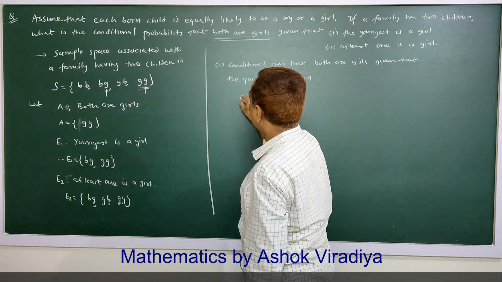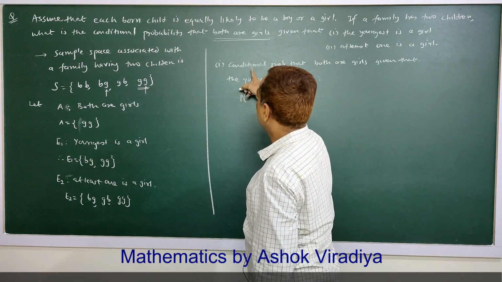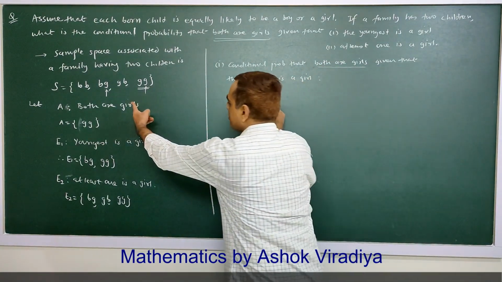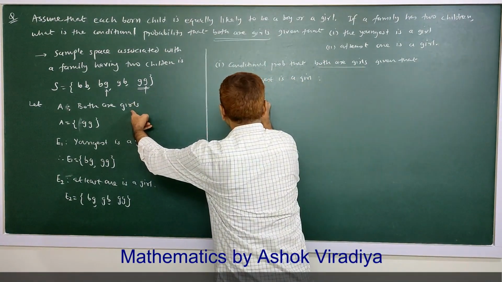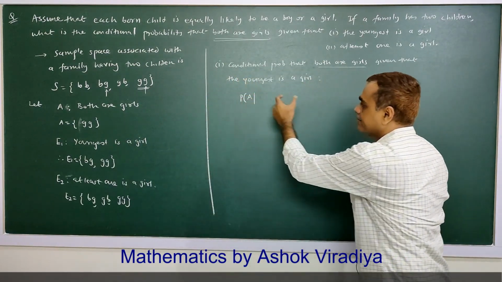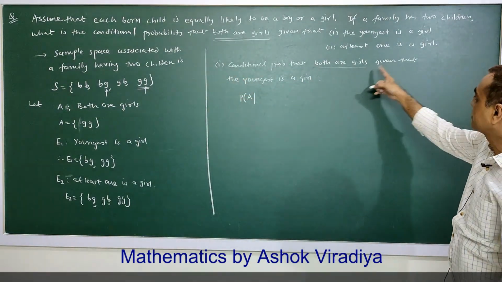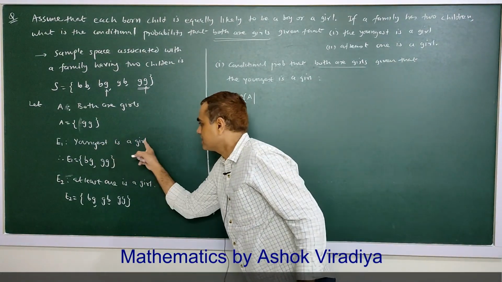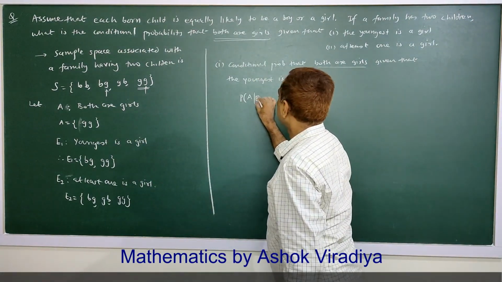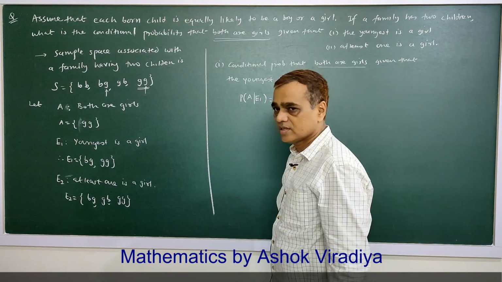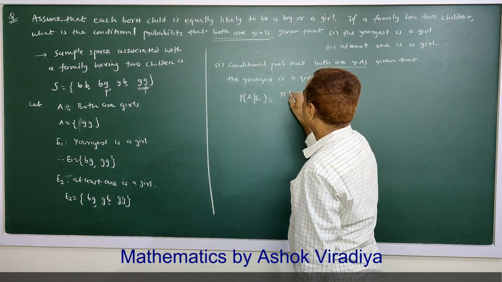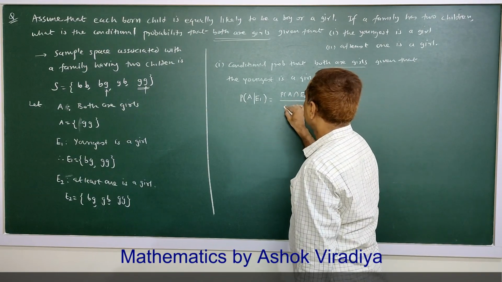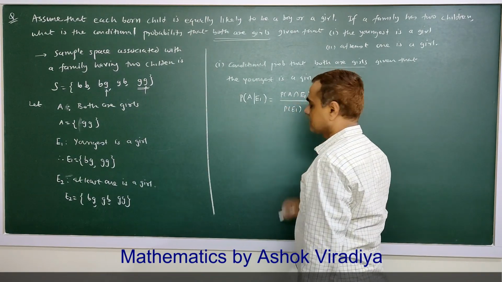That is P of A given E1, which is probability of A intersection E1 upon P of E1.